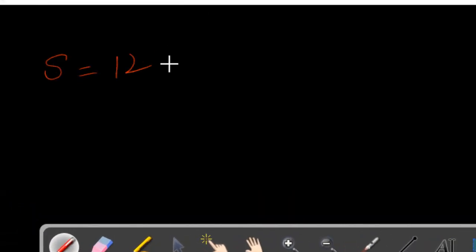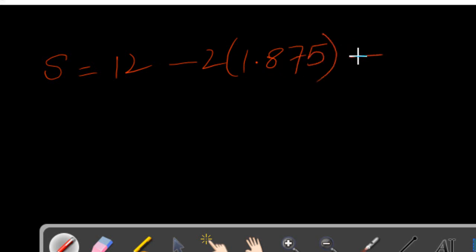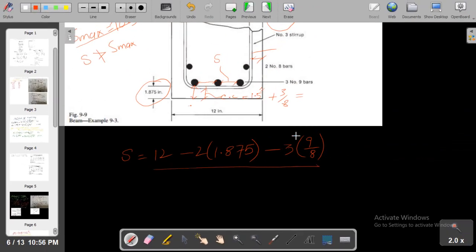S equals 12 minus 2 times the side cover, 2 times 1.875, minus the number of bars. In the lower layer we have 3 bars, so 3, times the diameter of this number 9 bar, that is 9 divided by 8, and it should be divided by the spacing.